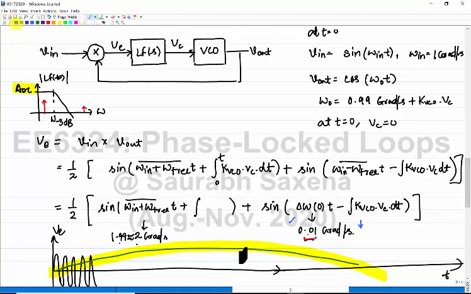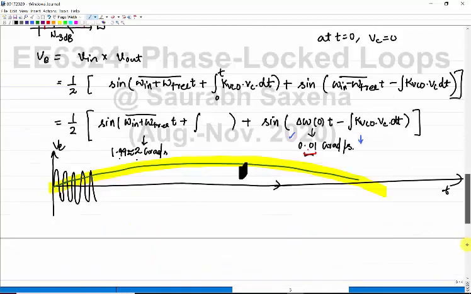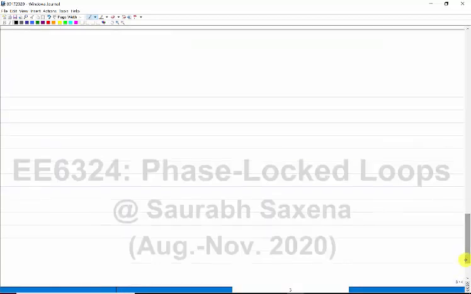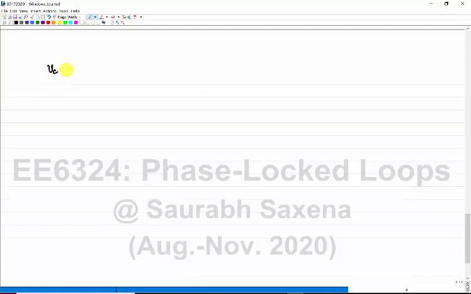Yes. Okay, so now for this particular V error, I can very well write that V control is approximately equal to half of sine of, to begin with, delta omega 0 times t minus kVCO times the control voltage Vc times dt, because we are changing the control voltage.